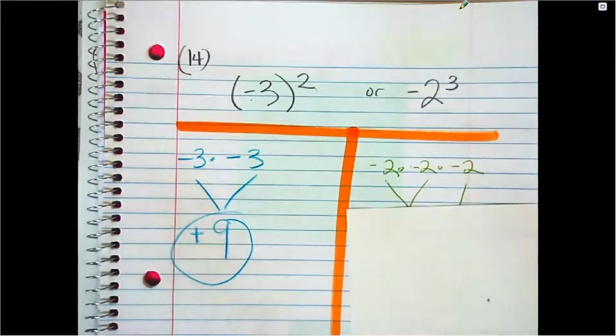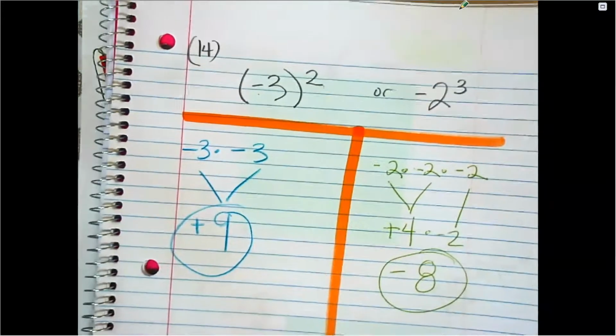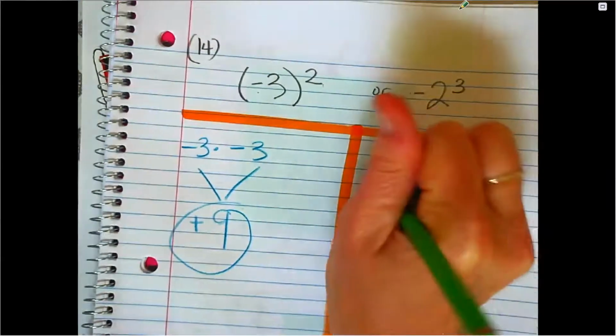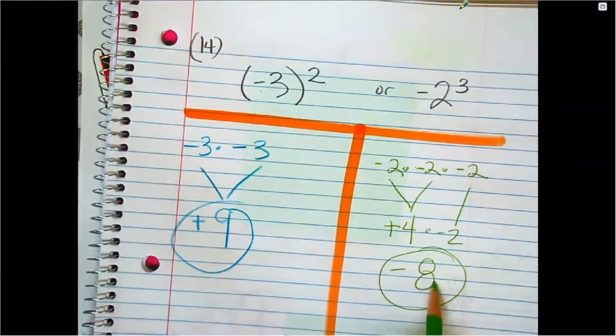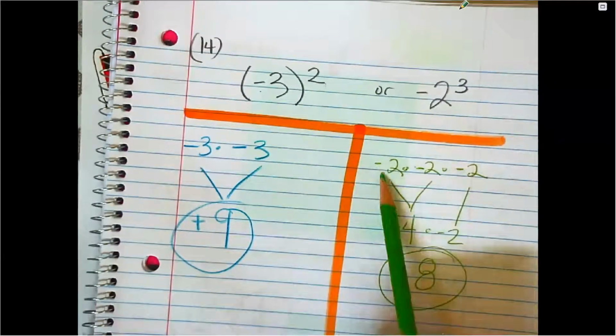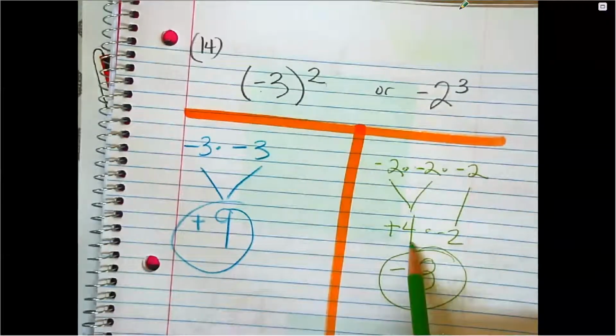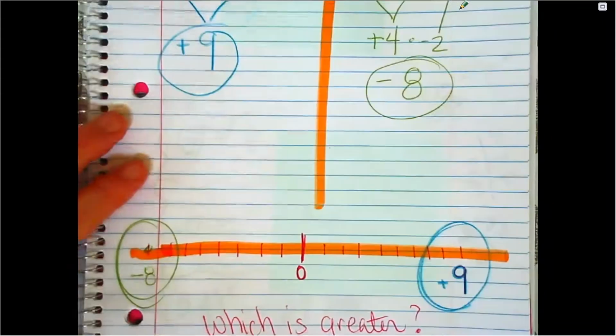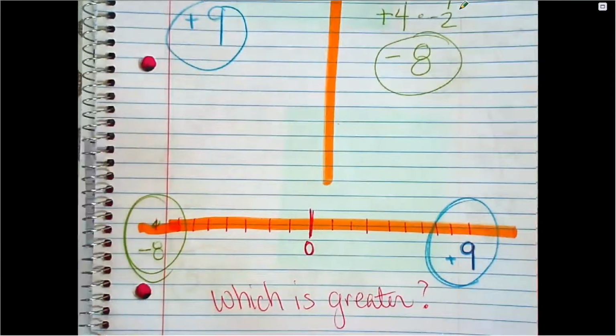And I do believe that writing it out in this logical pattern supports your comprehension, and it's going to help you get the right answer, particularly when you are dealing with negatives and positives. So -2 times -2 is a +4, times another -2 is a -8. So when I map that on a number line, which is greater?